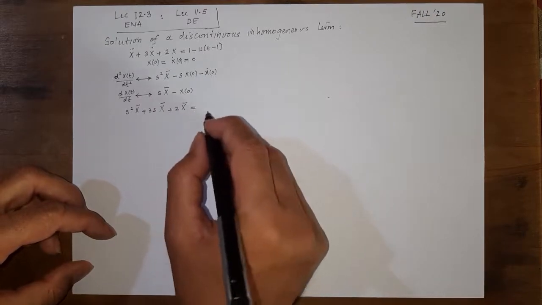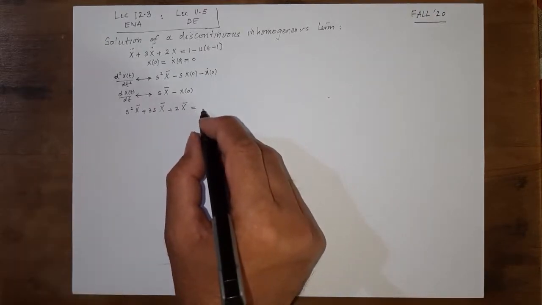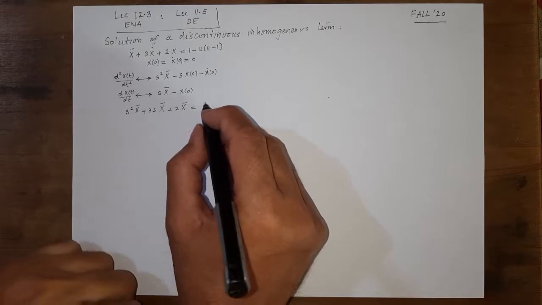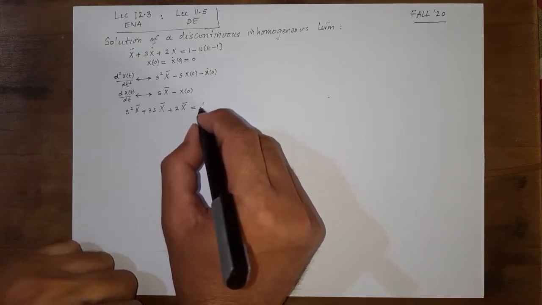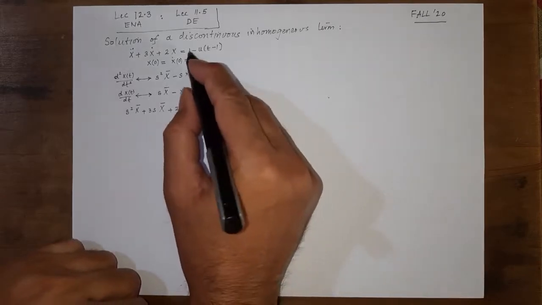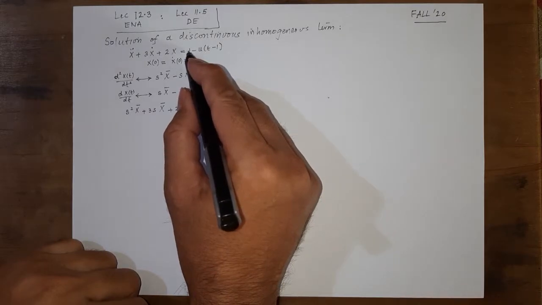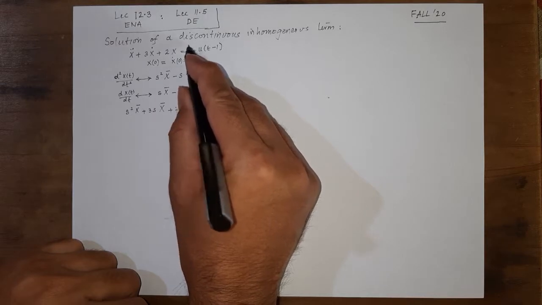is equal to, now what will be the Laplace transform of 1? It will be 1 over s. The Laplace transform of 1 is the same thing as the Laplace transform of u(t), because we are integrating from 0 to infinity.